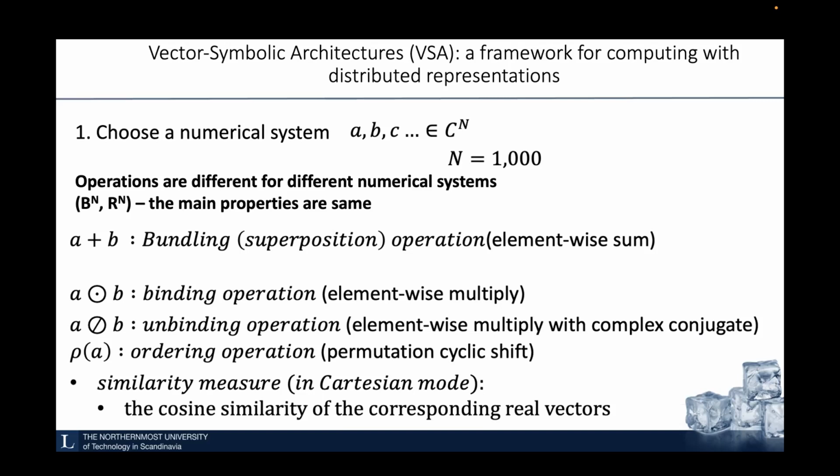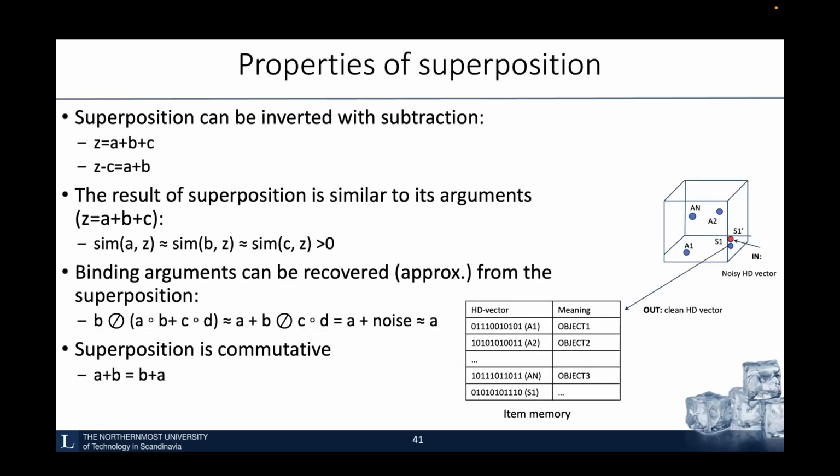You can apply vector operations, which are addition, multiplication, which you can implement differently, the inverse of multiplication, and permutation. Permutation means you take certain coordinates and exchange them with others, or in a simple case you can do a circular shift. But again, what's the catch here? The catch is the following.